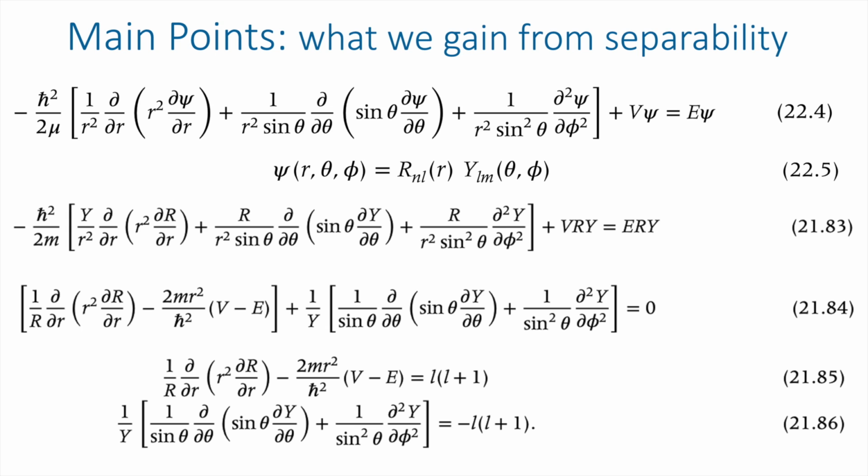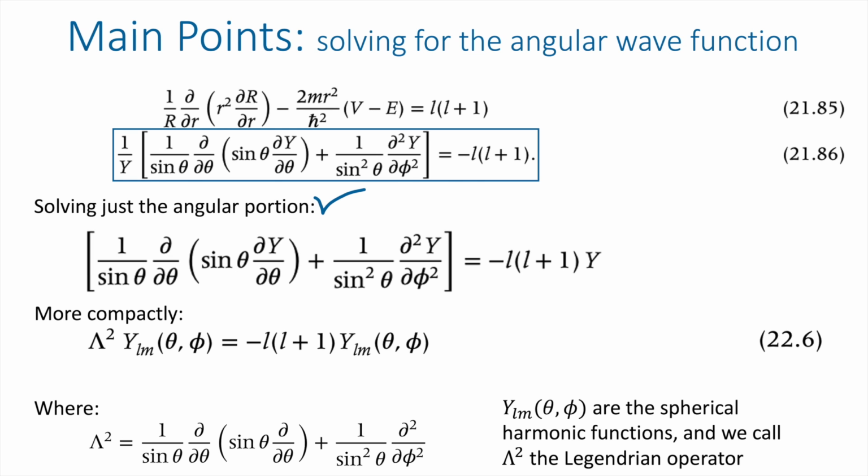If you were deriving this for the first time, this isn't something you would intuitively do. It's known where this is going, so we set it up this way. I could have set it to any constant, but it might as well be L times L plus 1.